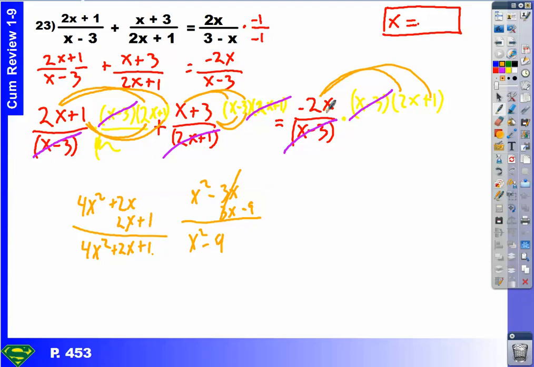Negative 2x times 2x is equal to negative 4x squared. Negative 2x times 1 is negative 2x.